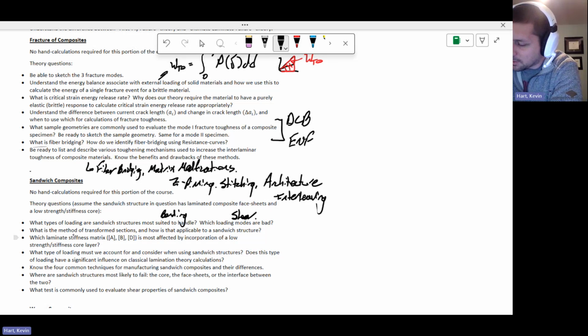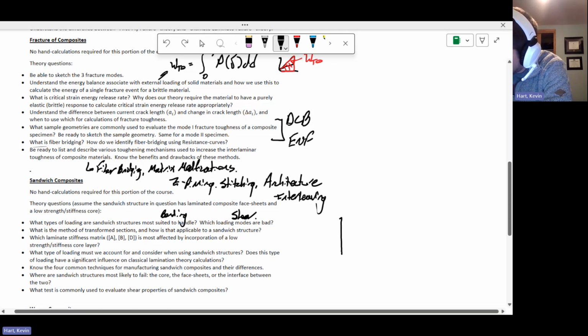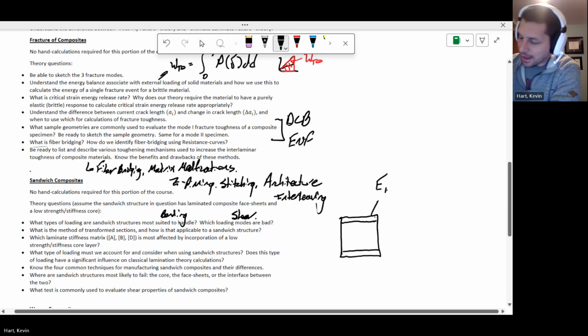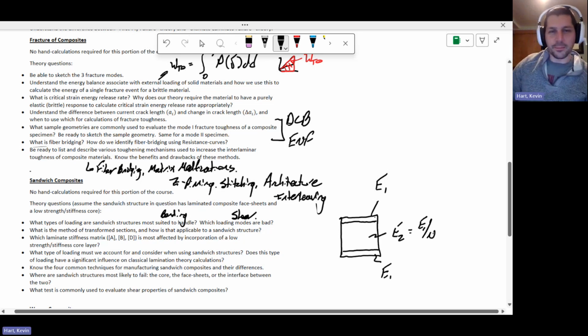All right. What is the method of transform sections and how is that applicable to a sandwich structure? I talked about this a bit, but if you have a structure that, for instance, has very stiff outer material and very not stiff internal material, so let's say here the modulus of this outer material, these face sheets, is the modulus E1, and let's say here the modulus on the inside is E2, and it is some fraction of the modulus of the upper layers.